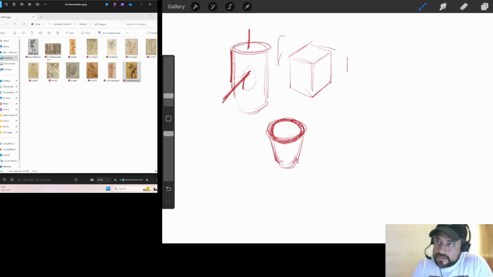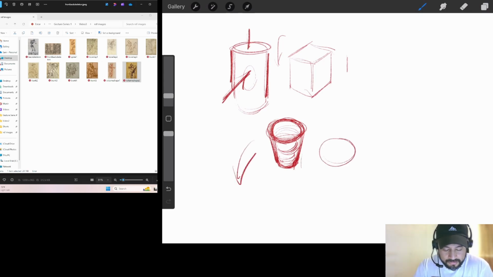The lines on the side of this tube will converge more. They'll angle in towards each other. And if we add wrapping lines, that'll help us push the shape of this tube and its orientation. So now it appears to be falling towards us.